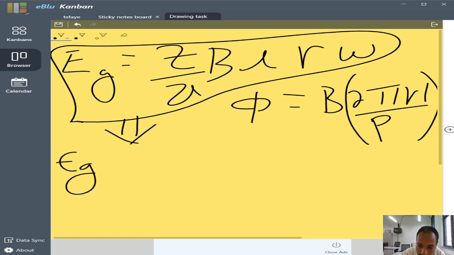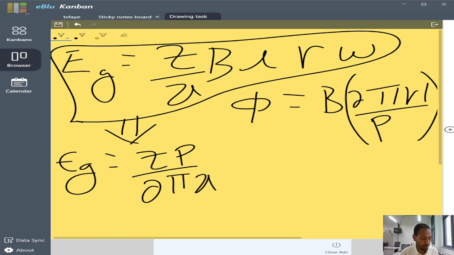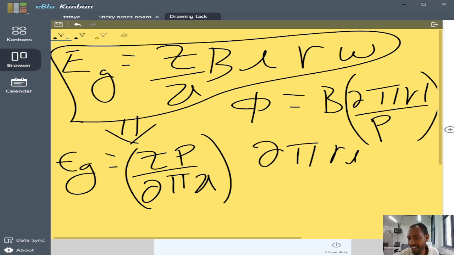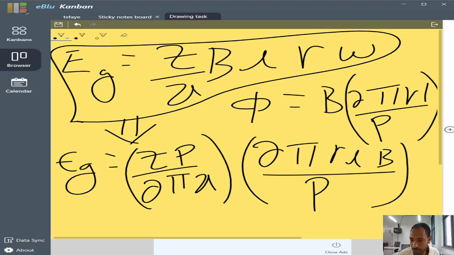EG can be expressed as Z P by 2 pi A times 2 pi R L B divided by P, times omega. See, I'm trying to express this equation in another form.